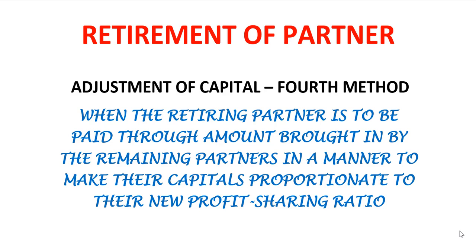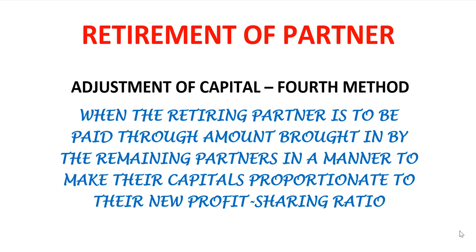So this means that in the fourth method, the retiring partner will be paid off and the remaining partners, if necessary, will bring in cash and their final capitals will be in the new profit sharing ratio.